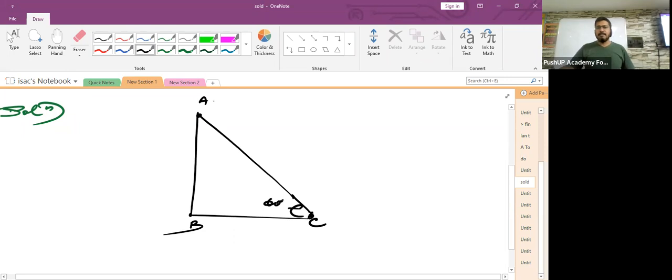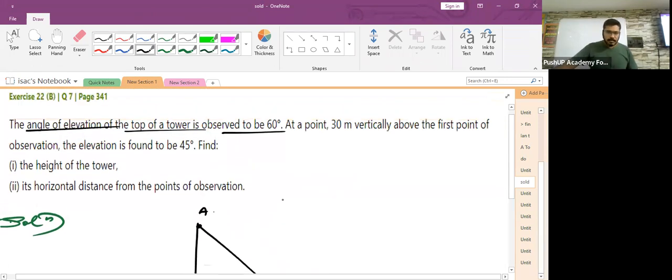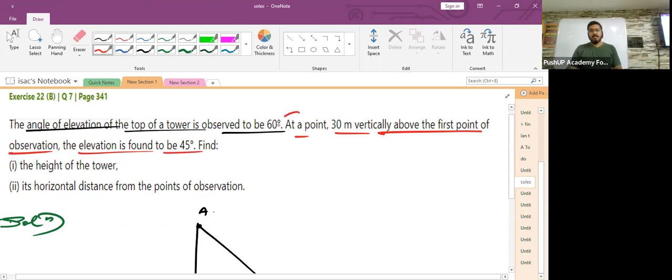60 degrees. Now, at a point 30 meter vertically above the first point of observation, the elevation is found to be 45 degrees. Now, this is the catch of the question. If you understand this part, the rest of the things are going to be very simple.